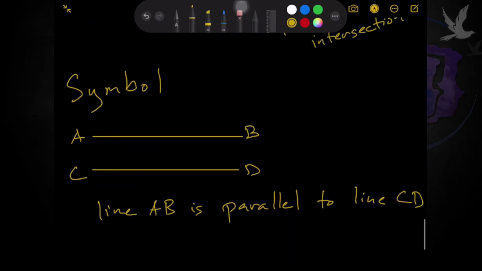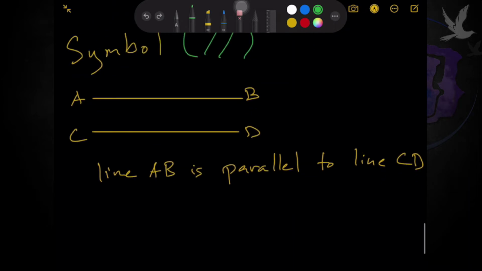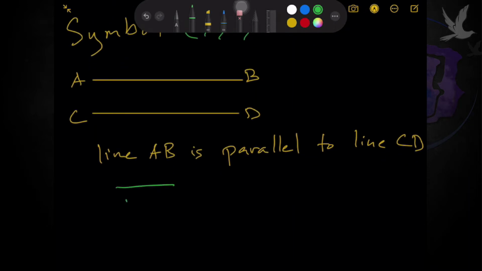Ngayon, yung symbol ng parallel is ganyan lang. That's it. Just that. Yan lang. So, ibig sabihin, to write this in symbol form, line AB is parallel to line CD.